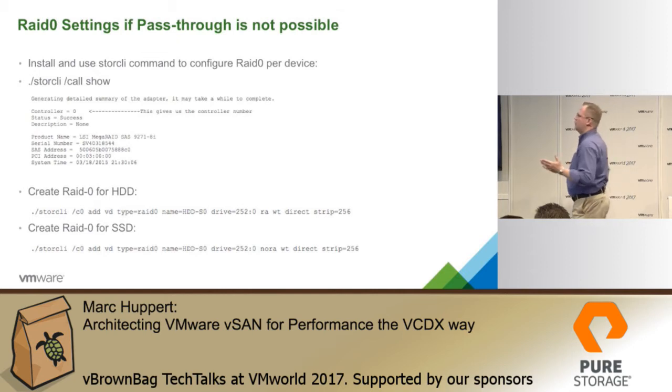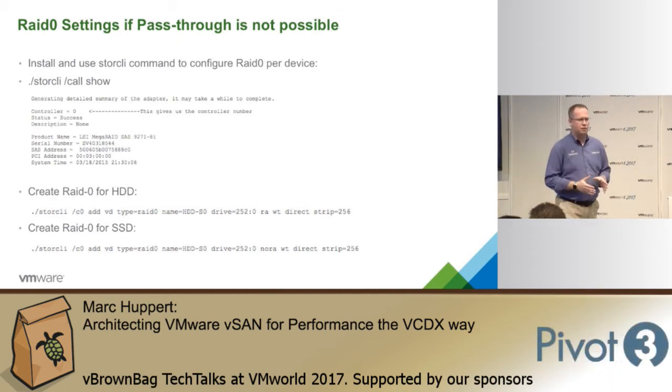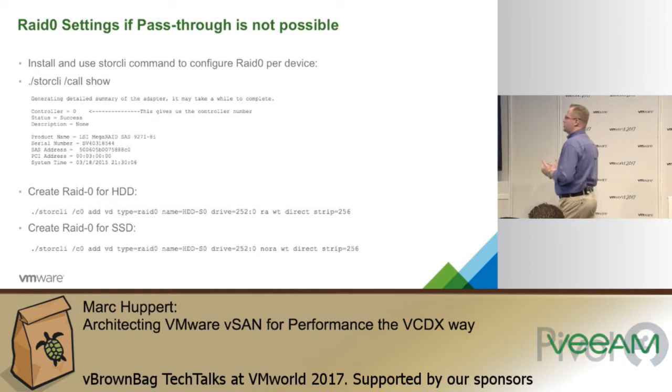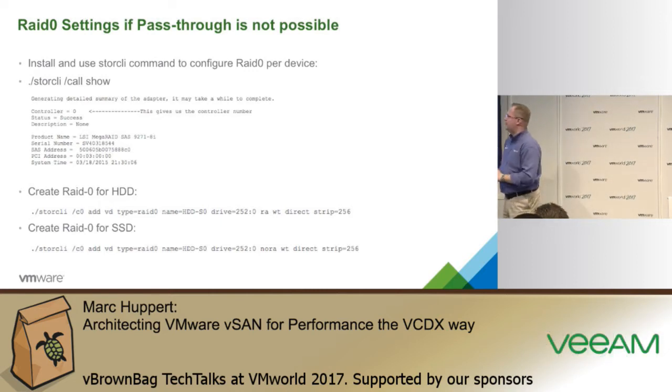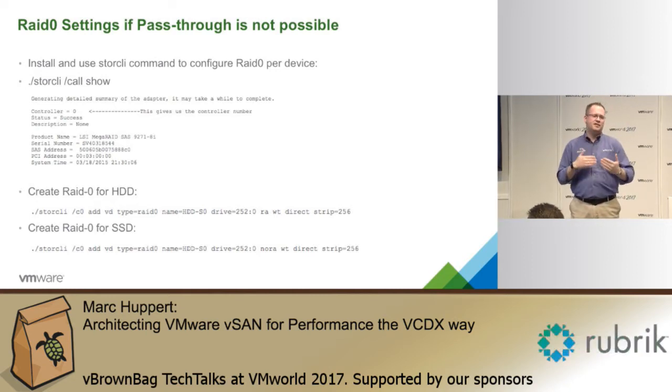Within my home environment and at several customer situations, we have to use RAID 0 because other devices do not support pass-through configuration. So this is a screenshot I always use for LSI devices, the StorCLI command line. Within StorCLI, you can create RAID 0 devices within ESXi and then easily attach them to the web client.